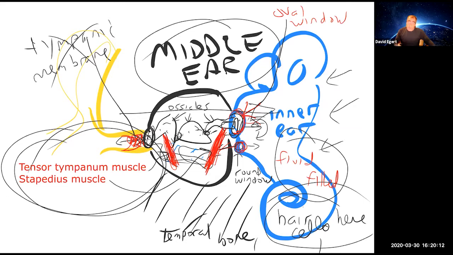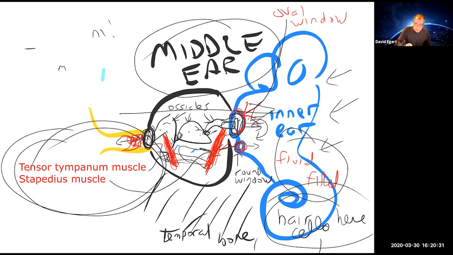The one other thing we need to talk about in the middle ear before we leave it alone is, it's closed off on this side, it's closed off on this side. Whatever the air pressure is in the outside world here, there's some air pressure out here.